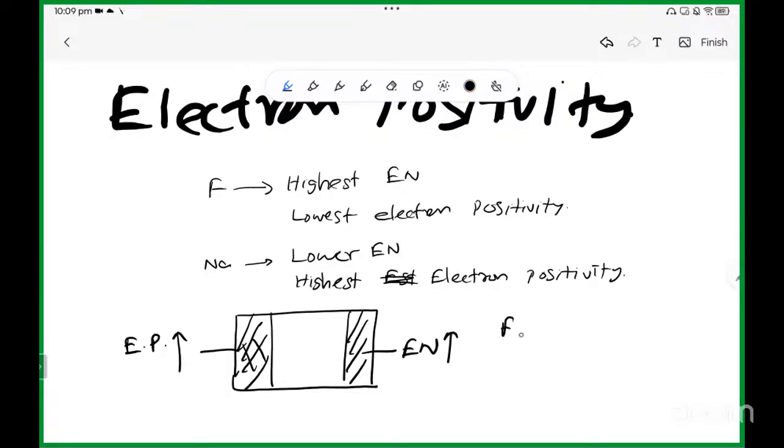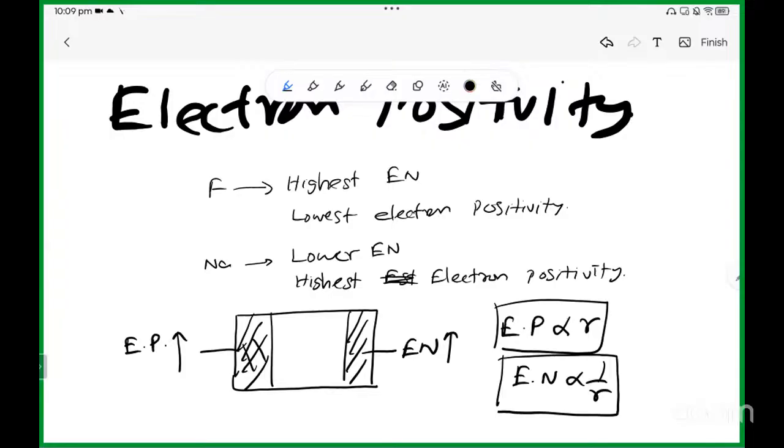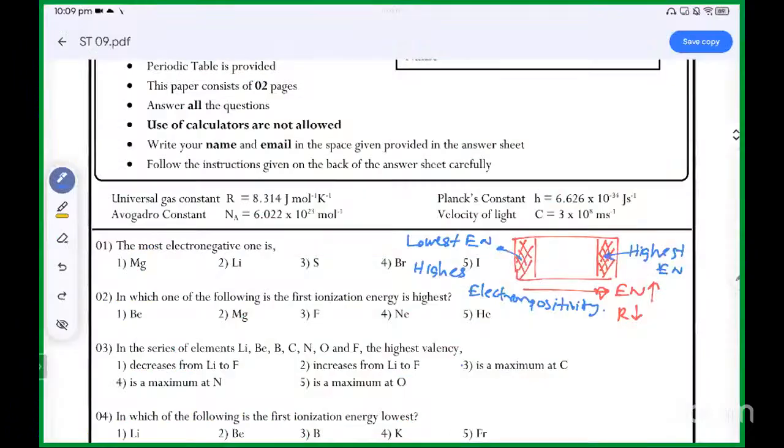And electropositivity is directly proportional to R, because that is exactly the opposite of electronegativity. Electronegativity is inversely proportional to R in general, so electropositivity is directly proportional to R. These are small things, right? So let's go back to our paper.